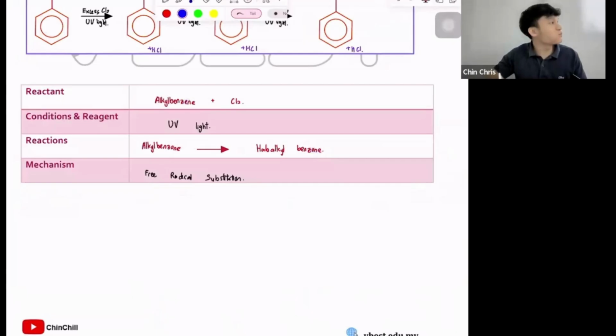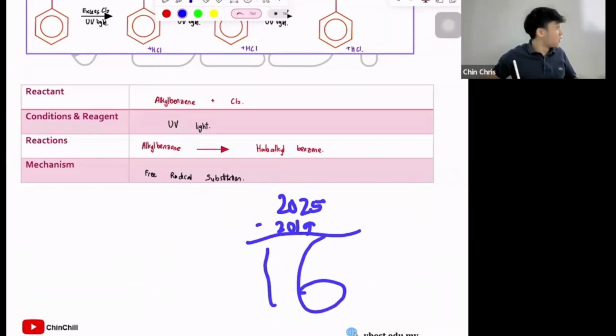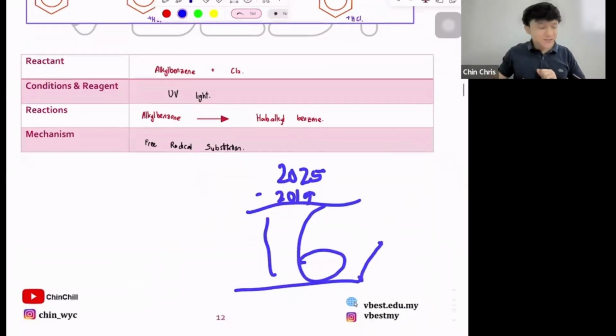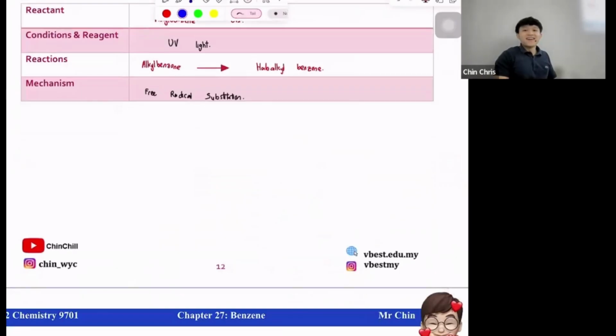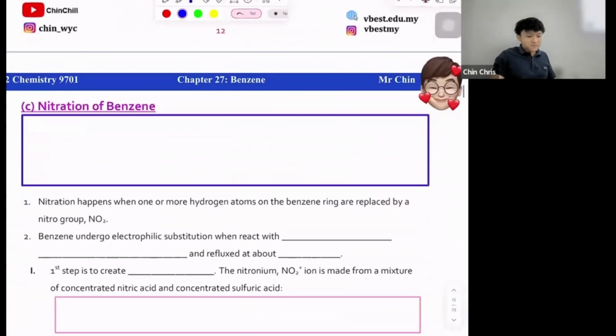His brother is 16 years old, still in the IGCSE. You guys are so weird.